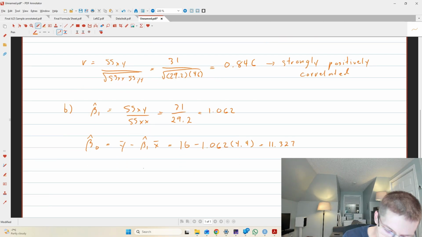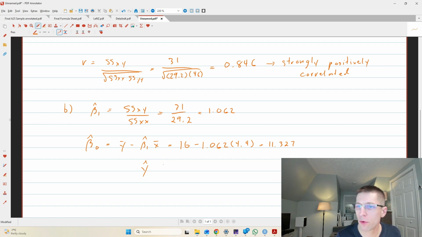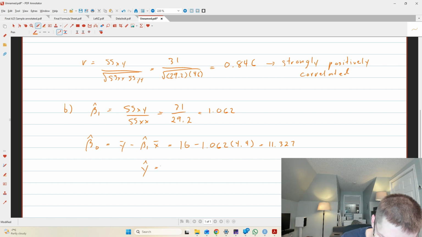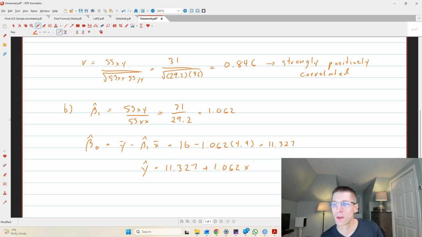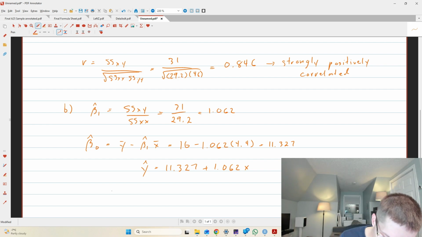So that means my line, I know the slope and the intercept. It's 11.327 plus 1.062x. Okay, and then I can use that very last thing on the sample exam. I want to estimate the mark that they get if they studied for 5 hours.